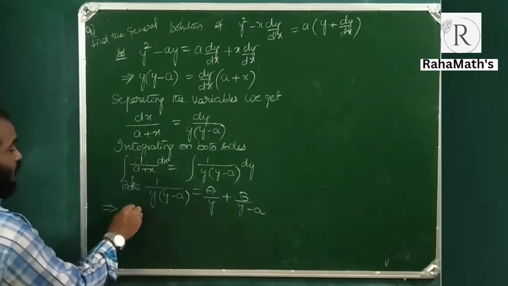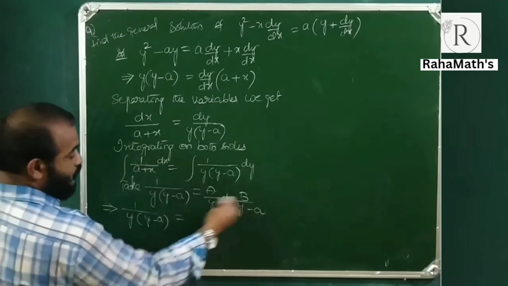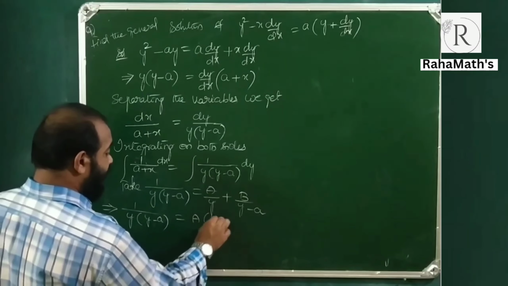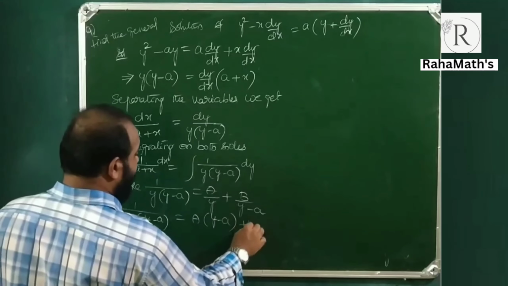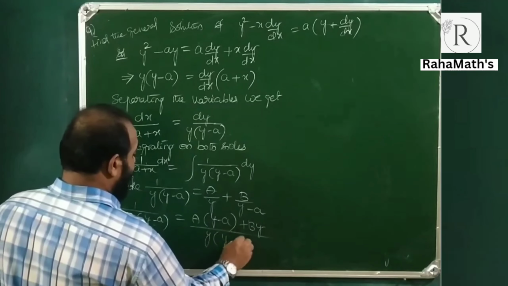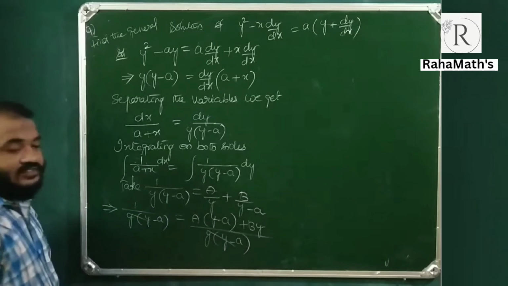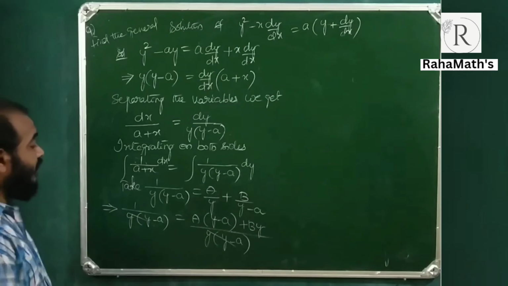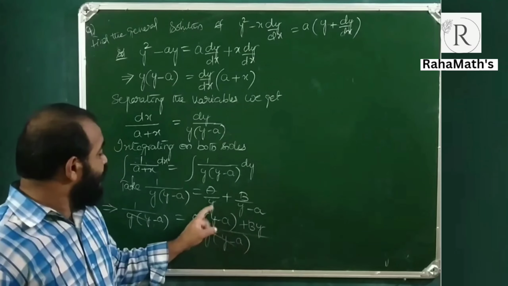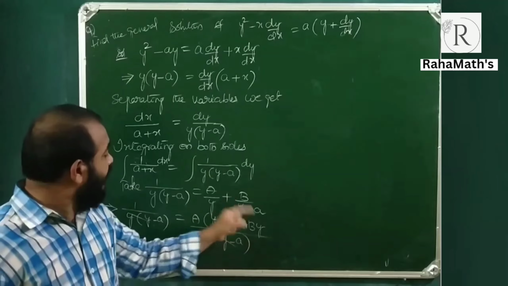So 1 by y into y minus a is equal to, with LCM y into y minus a, A into y minus a plus B into y, by y into y minus a. So this gets cancelled on both sides. Here y and y minus a are the two linear factors. Substituting y equals 0 and y equals a to obtain the values of A and B.